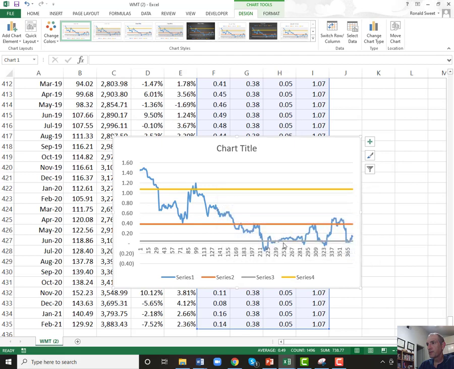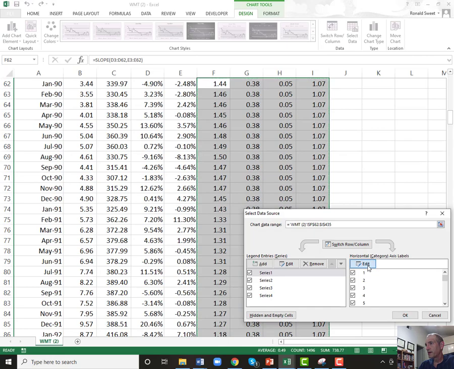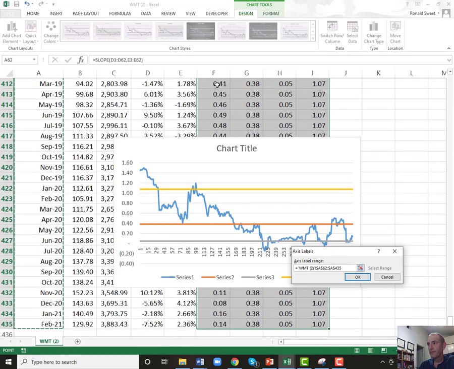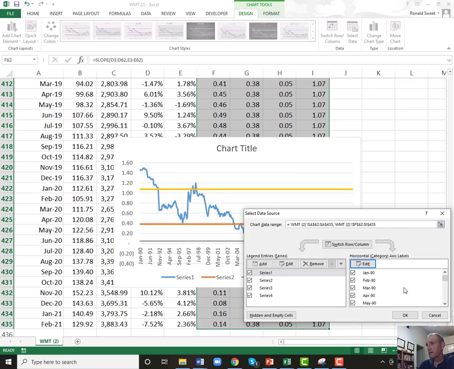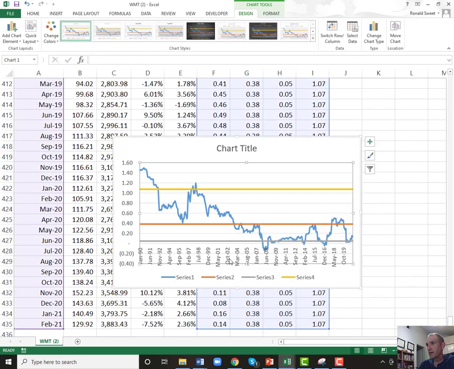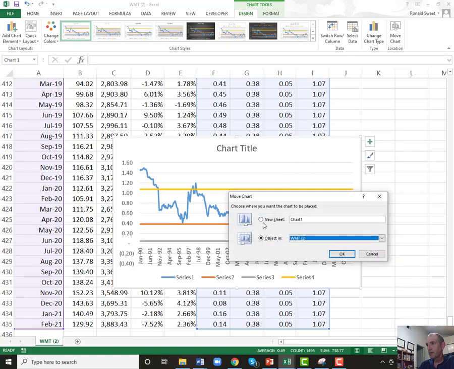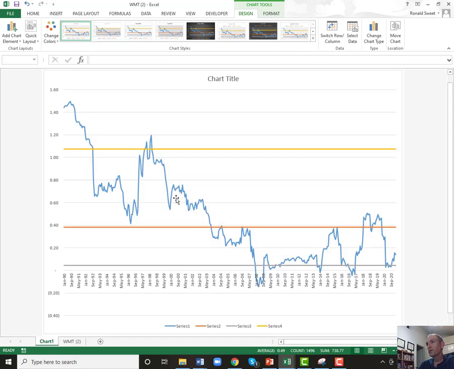Well, before we do that, let's put the dates in there. So I'll right click and select the data. And then over on the date side, I'll highlight the dates. So I have some good dates in there. And then let's move all this to another chart, to another page. And this is what you'll put into your paper 3.